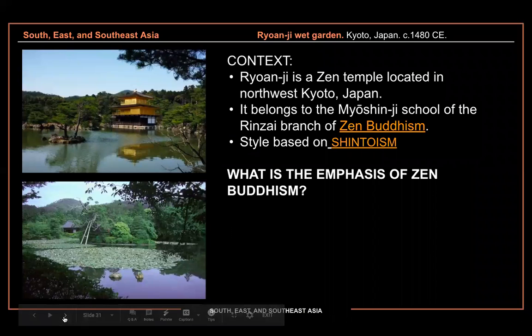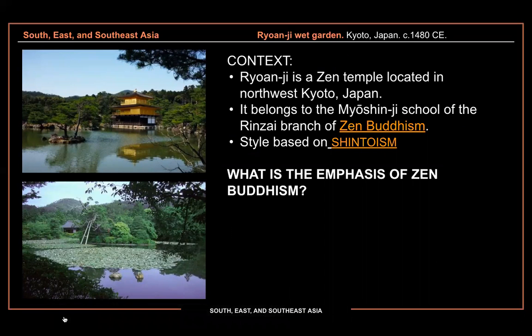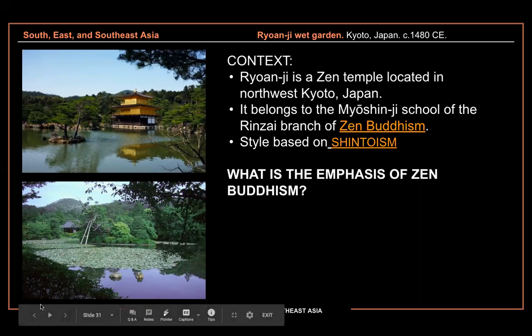So this temple is located, like I said, in Kyoto, and it belongs to some beliefs in Buddhism that is based on Zen Buddhism and Shintoism. So we're going to focus on those two elements of Japanese religious faith. So what's the emphasis of Zen Buddhism?